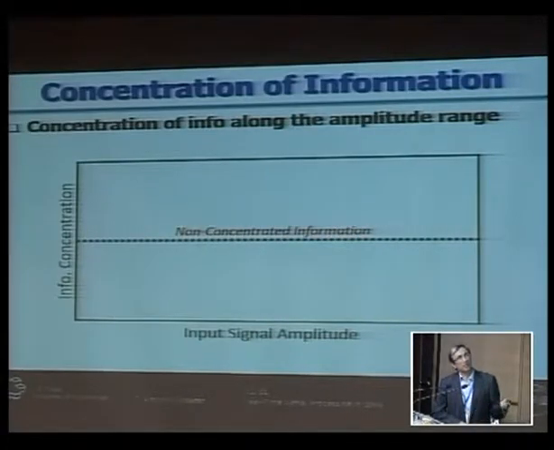Let's take a look at signals. Signals in general have some contents, information. Sometimes the information is not concentrated anywhere along the input signal amplitude. So you don't care where the information is located, so you have to process the entire amplitude range of the signal in the same way.